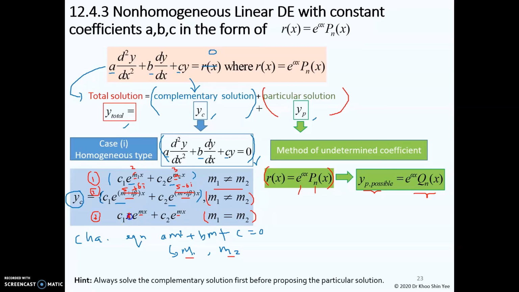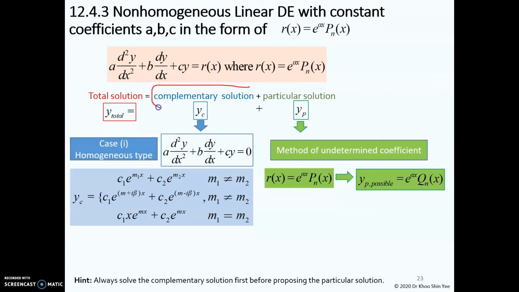Without the treatment, you see the solution here and the solution here are linearly dependent. In this case, you only have one useful independent solution. Therefore, to obtain another missing independent solution, you need to multiply the independent variable to one of the solutions. By performing this treatment, now we succeed to obtain two independent solutions.